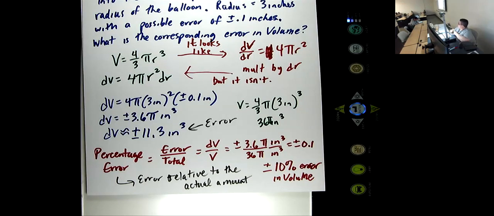Is it a small error? If this was 0.00001, like 0.01%, then this has very, very low error. Having a 10% error in volume, though, seems like quite a bit.